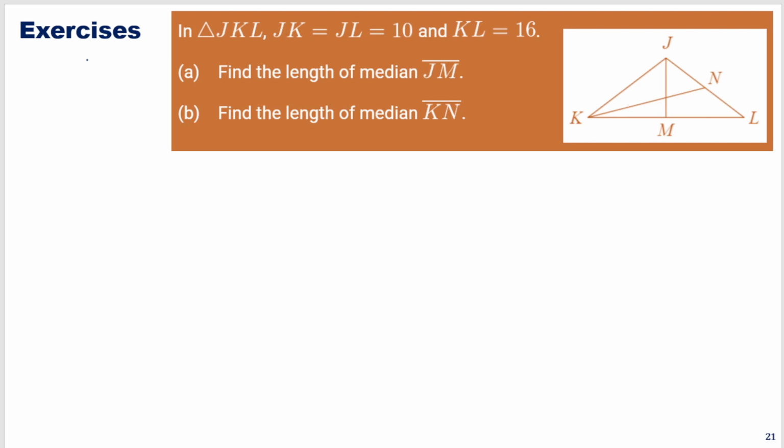First of all, JM is not very difficult to find, right? Because if you have JK equals JL, then median JM is also an altitude, right? Because you can easily prove triangle JKM is congruent to triangle JLM, right?